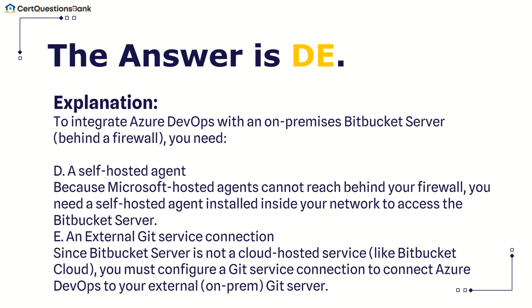E. An external Git service connection. Since Bitbucket Server is not a cloud-hosted service like Bitbucket Cloud, you must configure a Git service connection to connect Azure DevOps to your external, on-prem Git server.